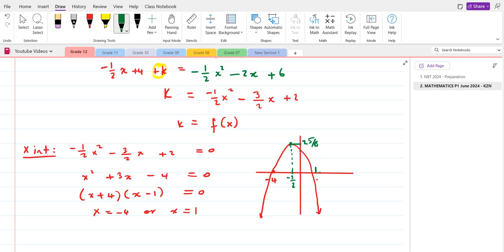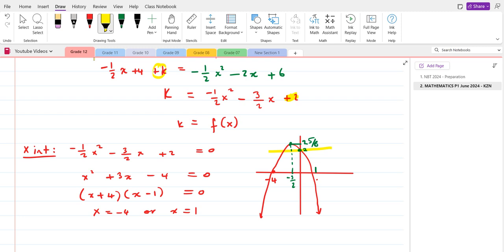Right, now we want to know when it will have opposite sign. So what's the y-intercept here? 2. So what you needed to focus on is there was no need to do all this. All you need is the y-intercept here, right? And we need the turning point value.